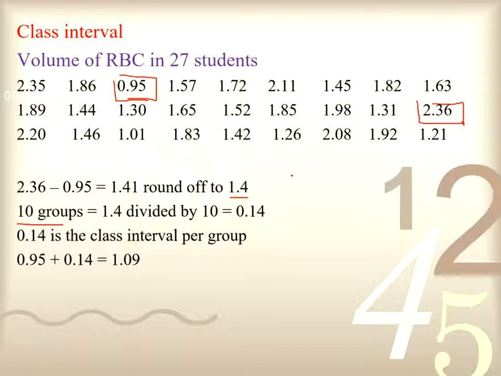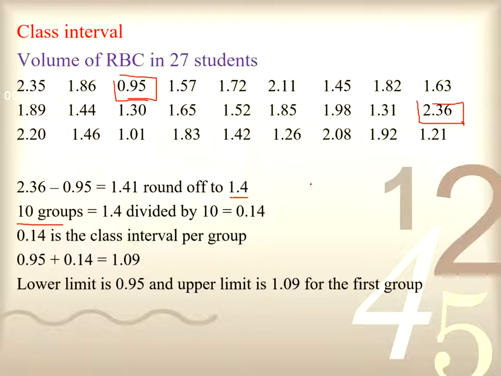So, paano natin makukuha yung ating limits? Kukunin natin yung lowest, 0.95. Add natin yung ating class interval, that is 0.14. So, 1.09 yung ating sagot. Lower limit is 0.95 kasi ito yung pinaka-lowest natin.